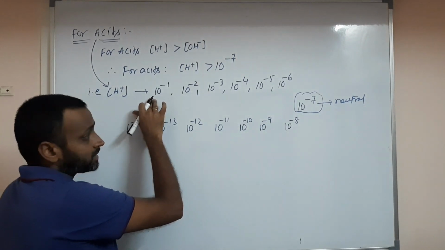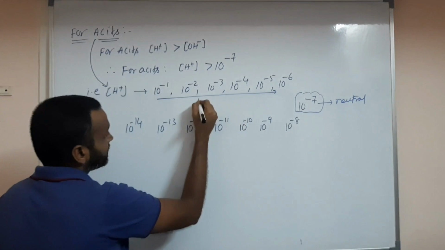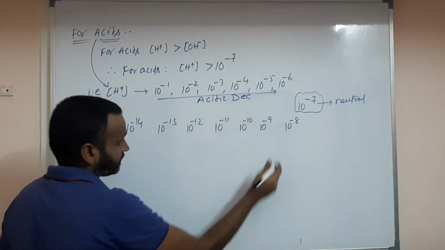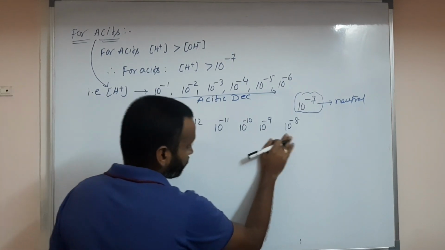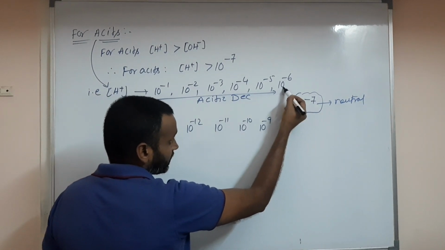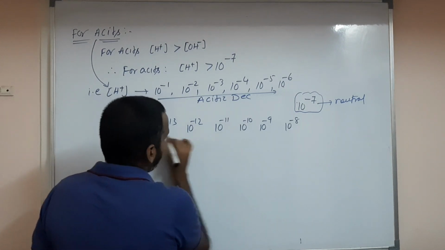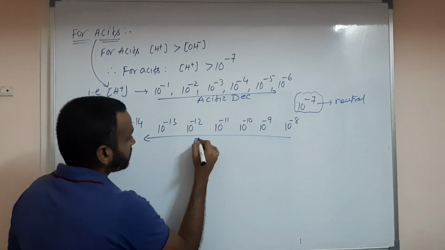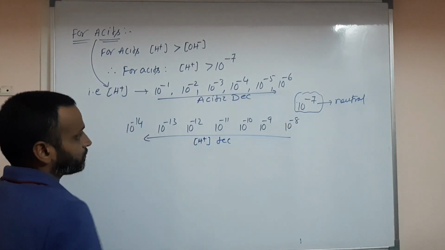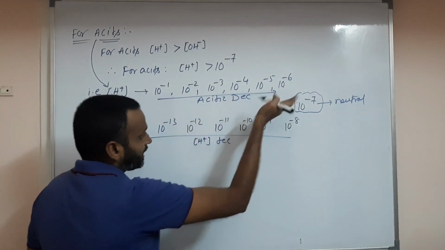In this way, as the concentration of H plus decreases, the acidic character decreases. As I said, up to 10 power minus 7 it is acidic, and from 10 power minus 8 onwards it is basic. Here the concentration of H plus decreased, so the acidic character decreased.